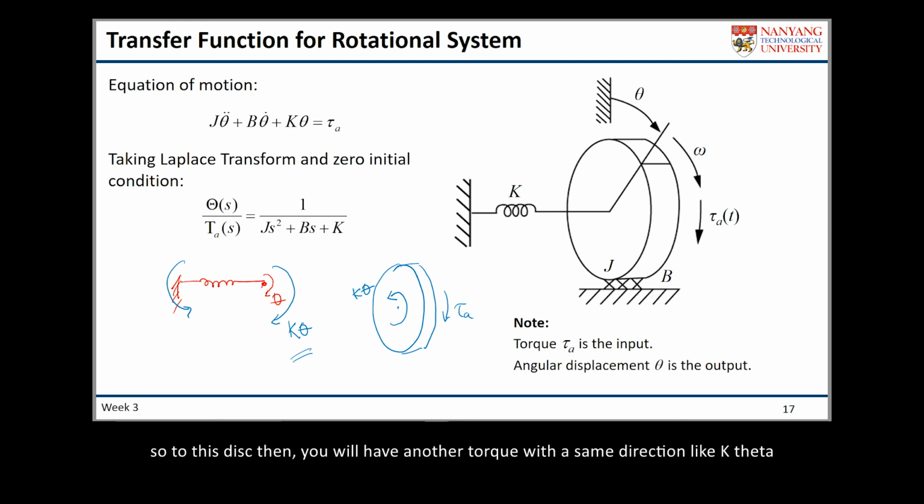So to this disk, you will have another torque with the same direction as K theta, but the torque will be equal to B times theta dot. So we have three torques applied on the disk: tau A, K theta, and B theta dot.